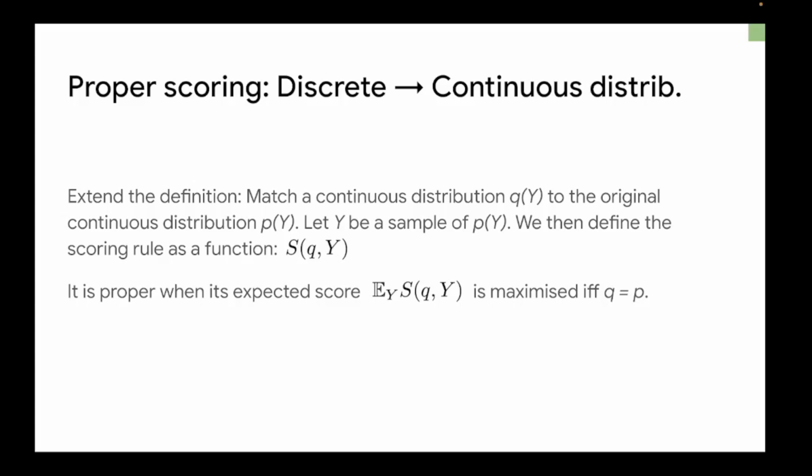And it's proper if and only if the expected score given the true distribution for the sample is maximized if and only if your prediction is actually encoding the true distribution.